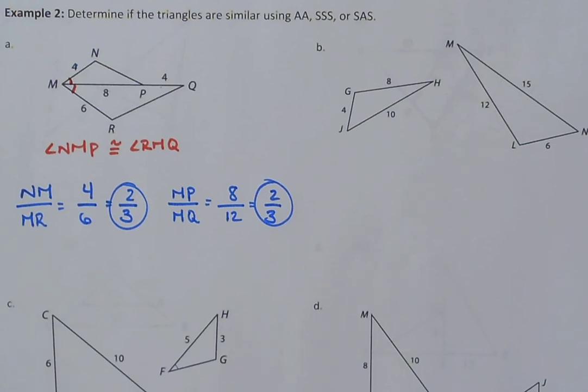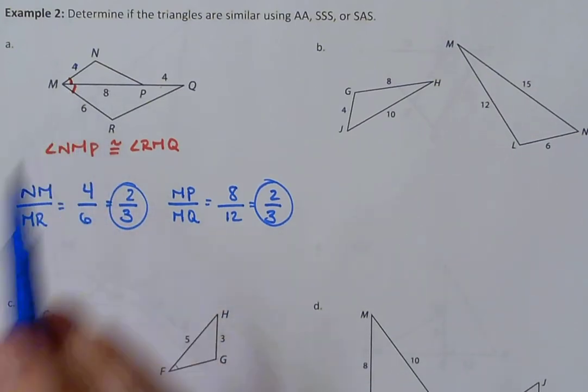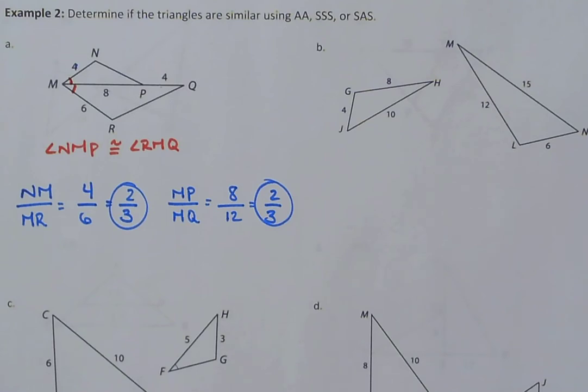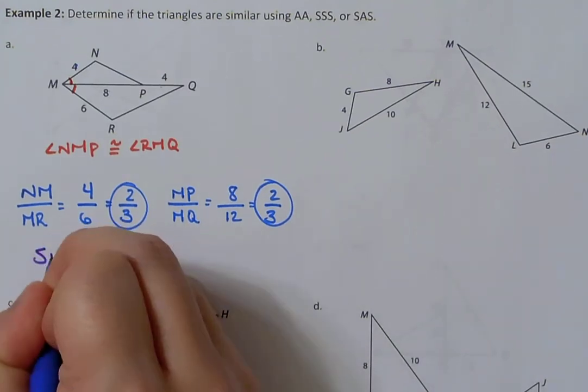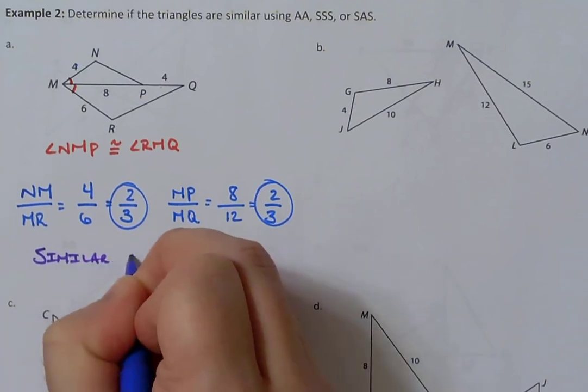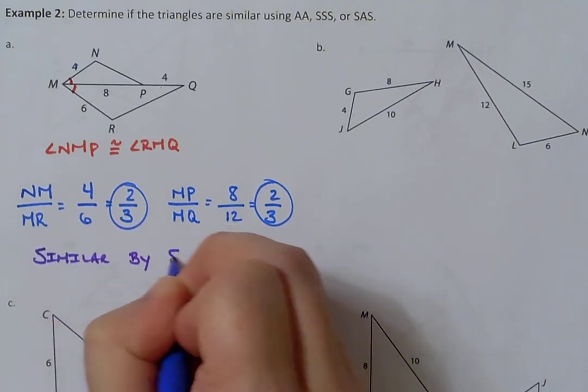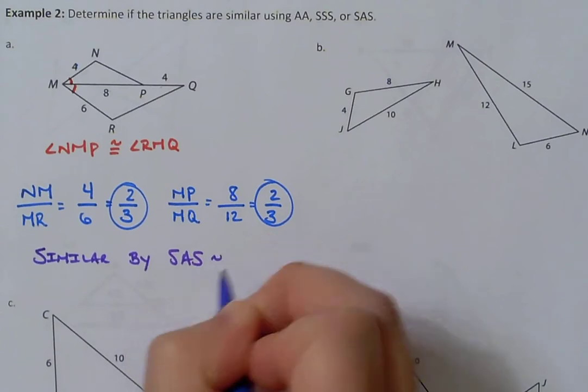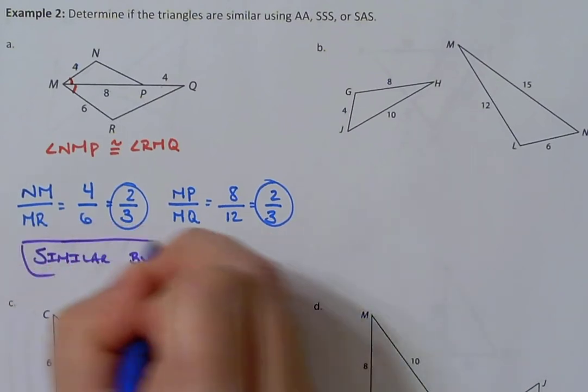So because I know that these two sides are proportional to each other and that the angle included between them, I can in fact say that they are similar by side-angle-side similarity.